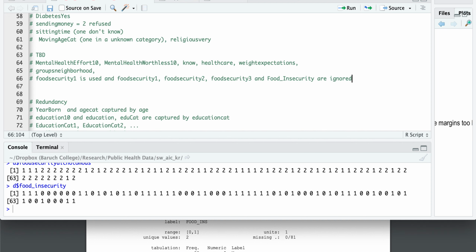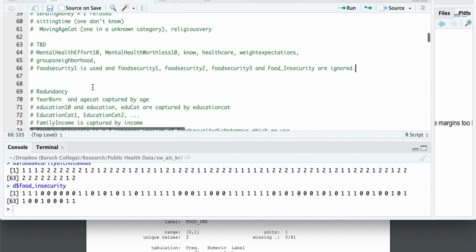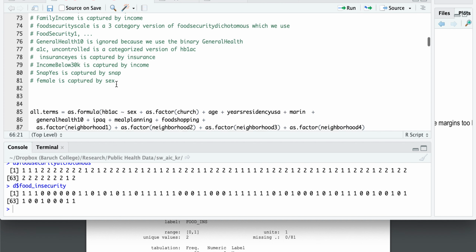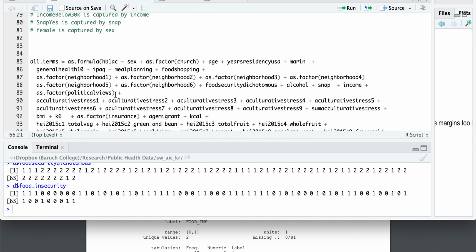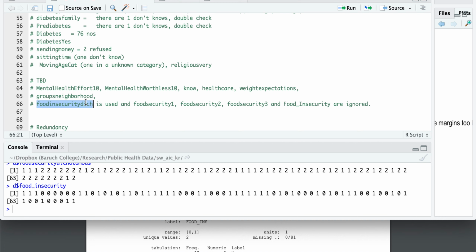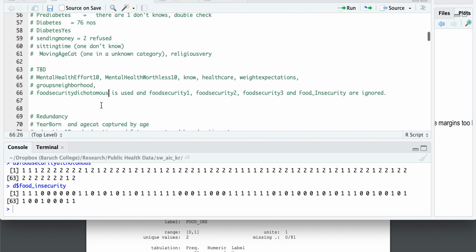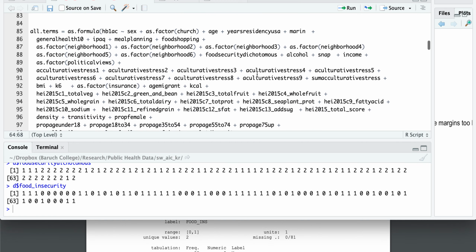Are ignored. So this is something just to, is it this one? Which one is it? Okay. Rate expectation. We use it.